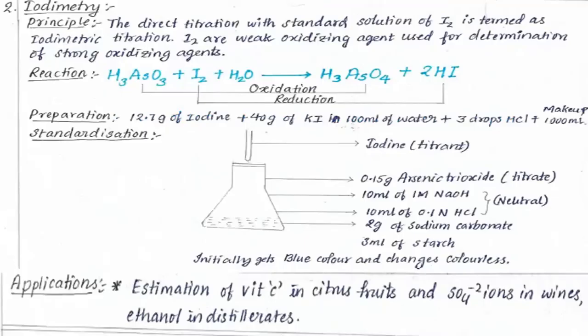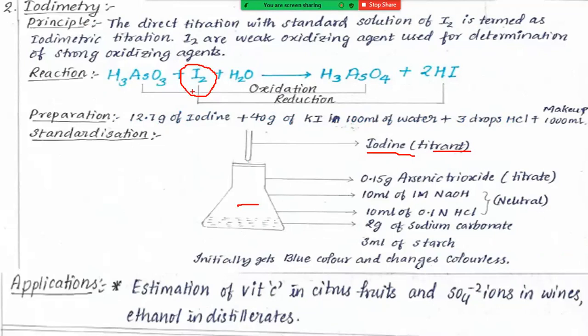So the next one is iodimetry. This iodimetry is a direct titration method. Here we are adding iodine solution into the titrate solution, because iodine is taken as the titrant. So directly we are adding, and that's why this comes under the direct titration method. Okay.